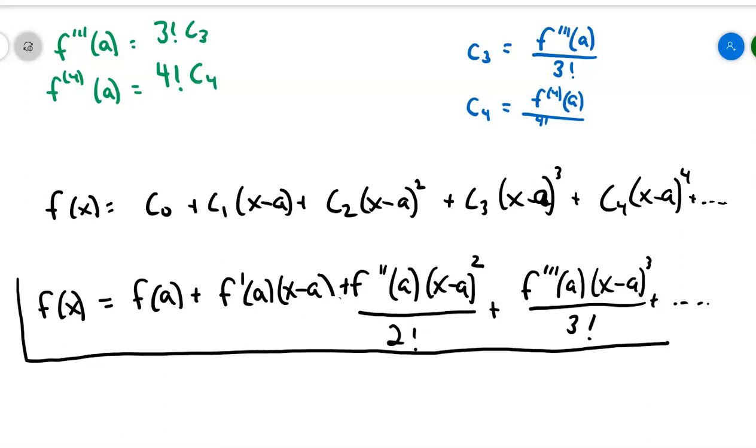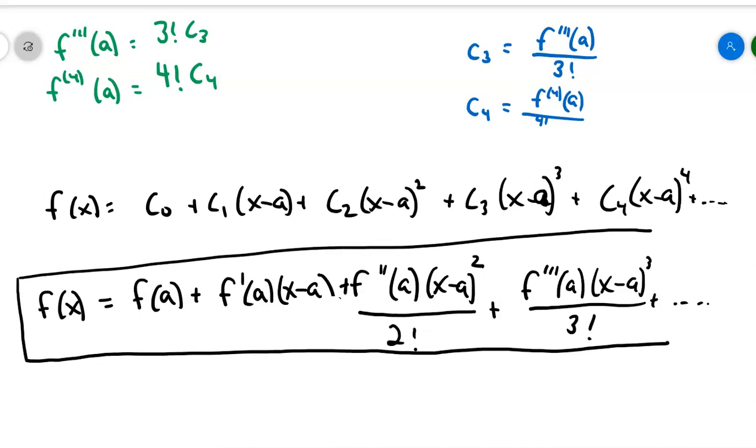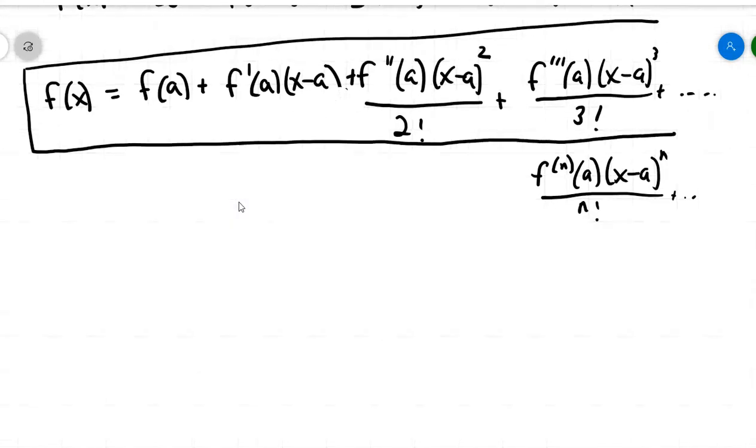And if you keep going, by the way, there's an nth term at the end of all this too, which clearly I've run out of space for. So the nth term would be the nth derivative evaluated at a, x minus a to the n over n factorial, right? So this thing here is the Taylor series for the function centered at x minus a.